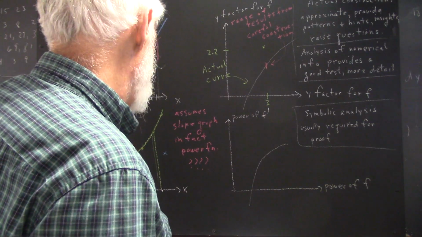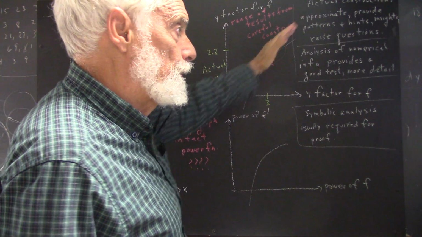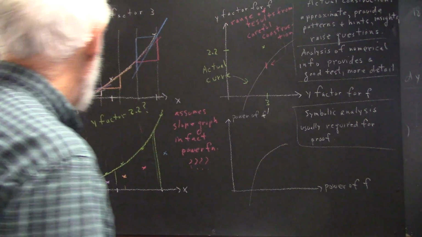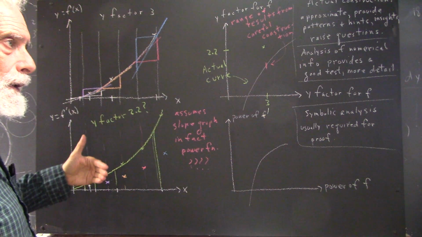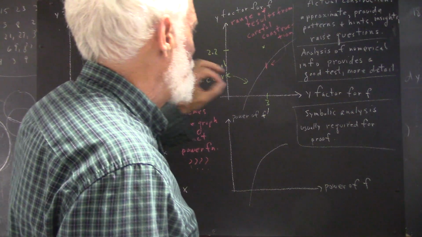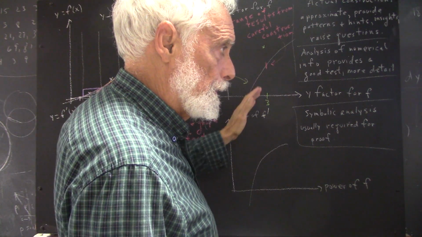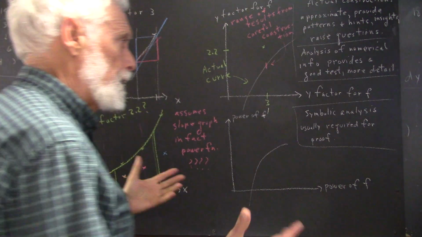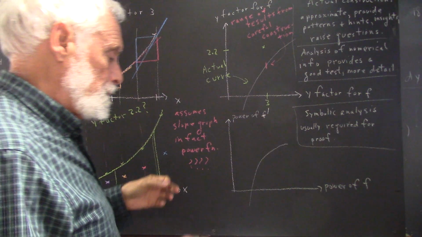Now, I've actually drawn the curve as it probably is for the case, and as it probably would be if we had completely accurate constructions. Now, completely accurate constructions are impossible.